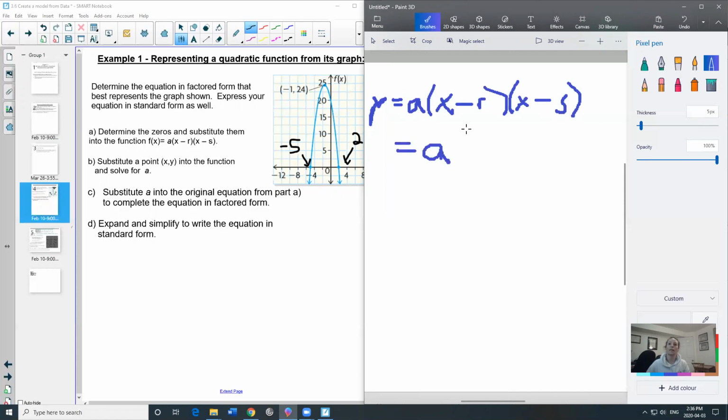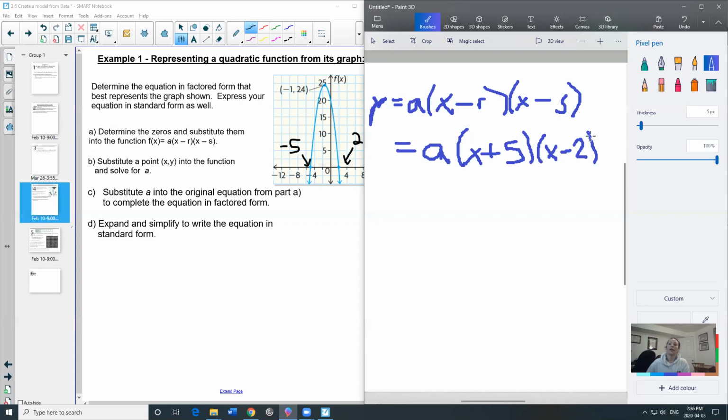So y equals a. Now, it doesn't matter which one you put in first. Because I'm putting a negative number, when I minus a negative number, it's going to become positive. So this is going to be plus 5. And when I take positive 2 and substitute it in here, we're going to have x minus 2.